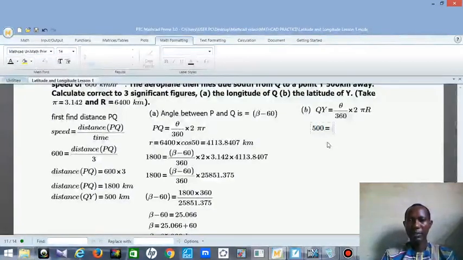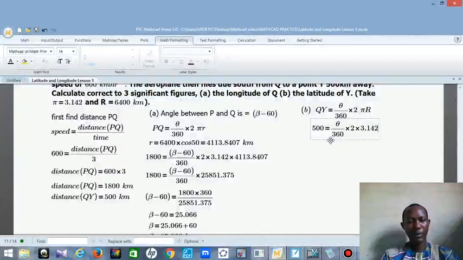Okay, so next, QY is 500. So 500 is equal to, let's leave the theta like that, when we are through, we shall check, theta over 360 times 2 times 3.142 times the big radius, which is given as 6,400.